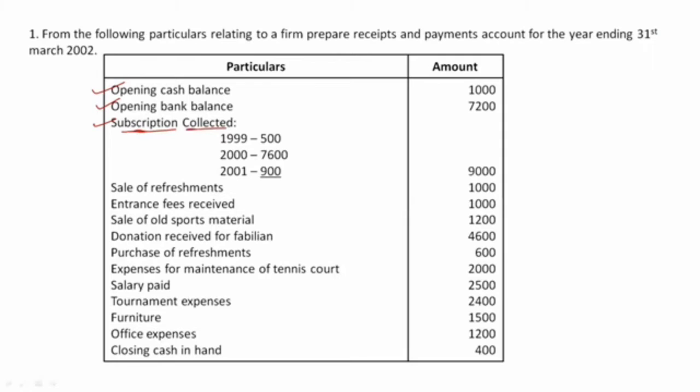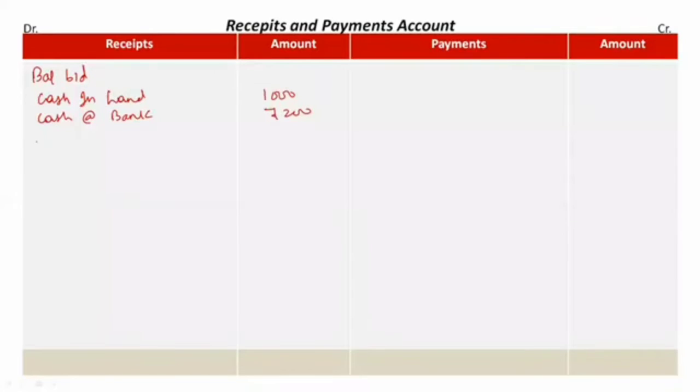Subscriptions collected, it means we have received the amount. It's my income, I'm receiving the amount. For all these years the subscriptions are given. Totally subscription of 9000 we have received. So I will mention it in the receipt side. Subscription. You can specifically mention for all the years 1999, 2000 and 2001.